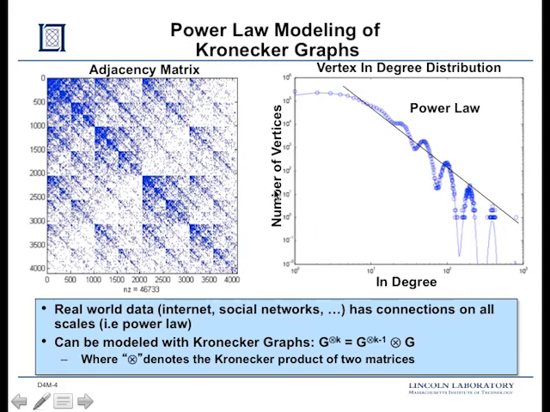I should say one of the powerful things about this particular generator is you don't have to form the adjacency matrix to construct the graph, so it doesn't require you to build this gigantic matrix. It generates the edges atomically.